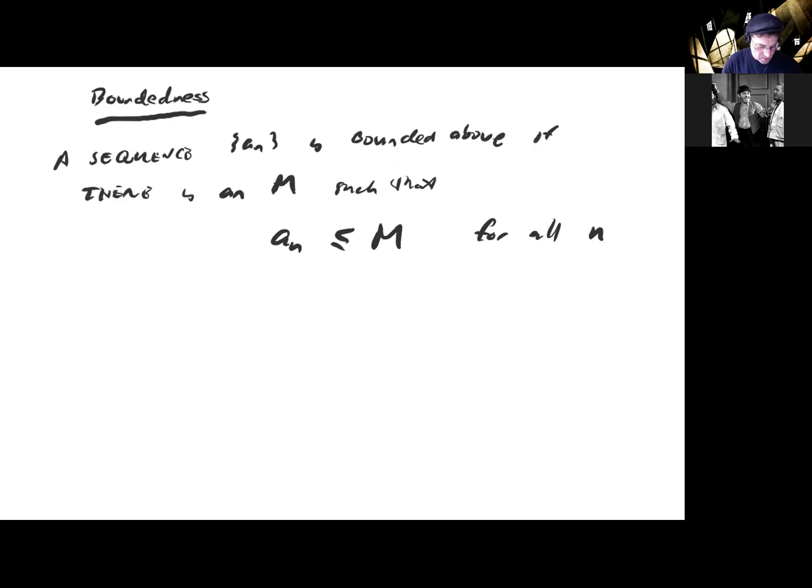So every term of the sequence is smaller than the number M. Okay, so that's the bounded above definition.